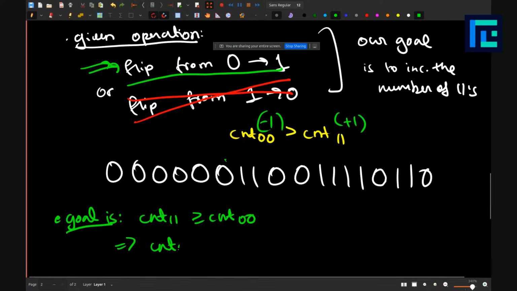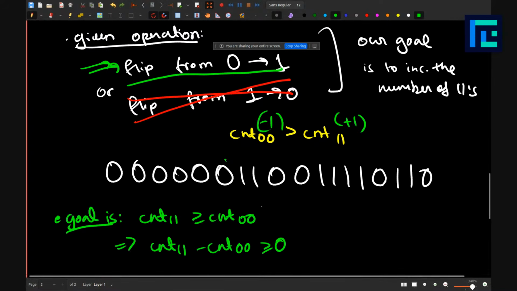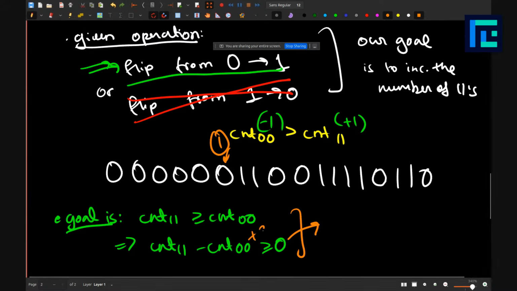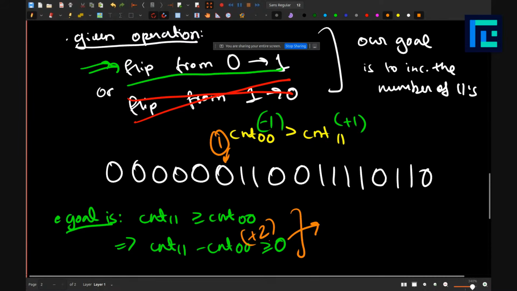We can rewrite this as count 11 minus count 00 should be greater than or equal to 0. So if it was less than 0, by flipping this one bit, we have added +2 to this. So we're basically +2 closer to our goal. Okay.